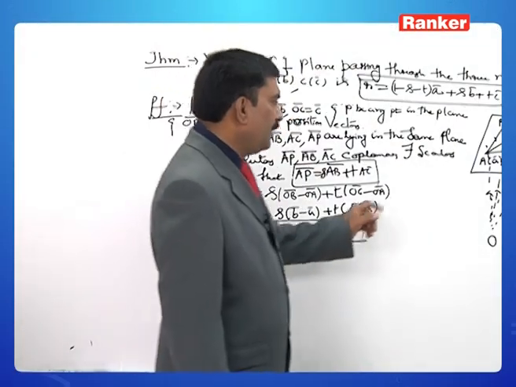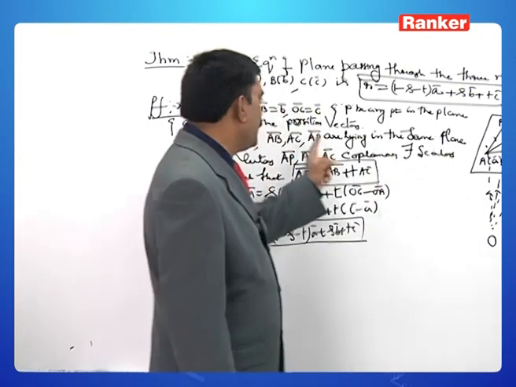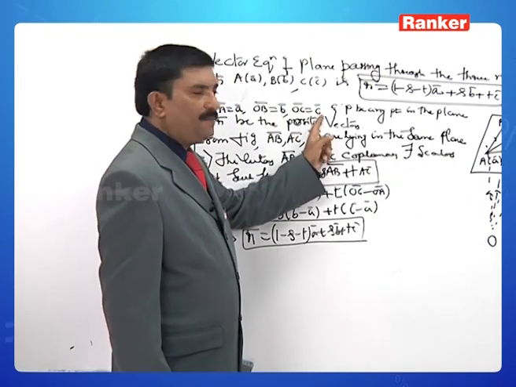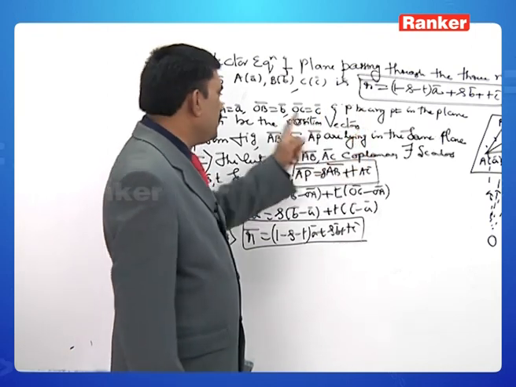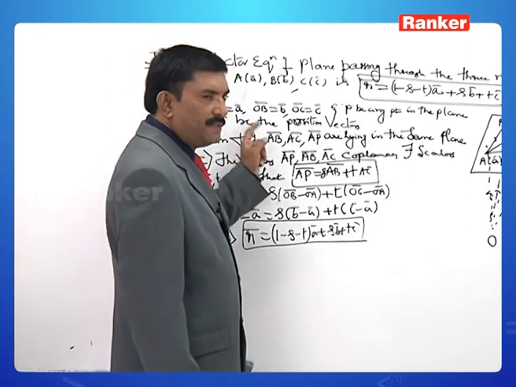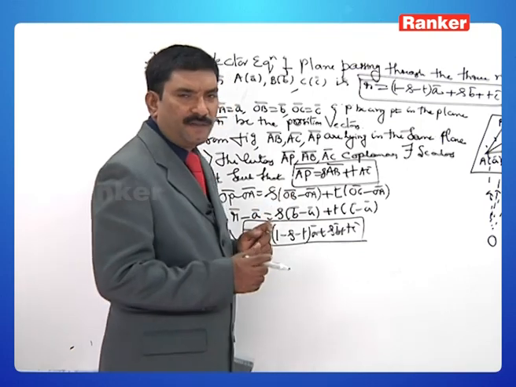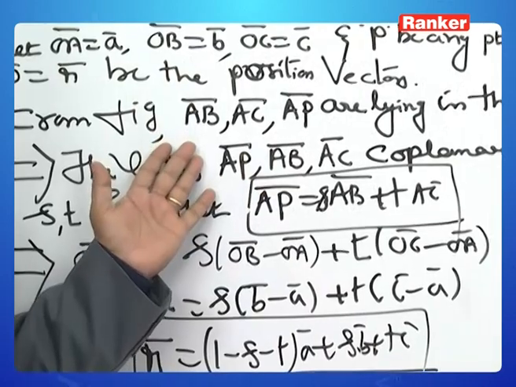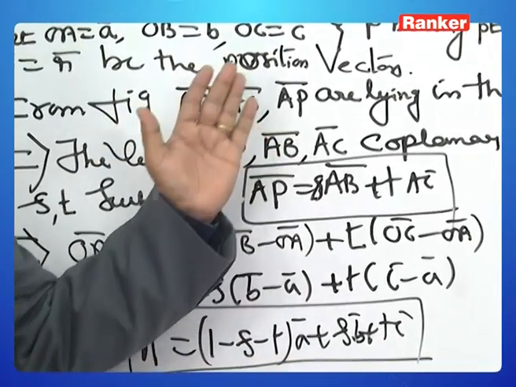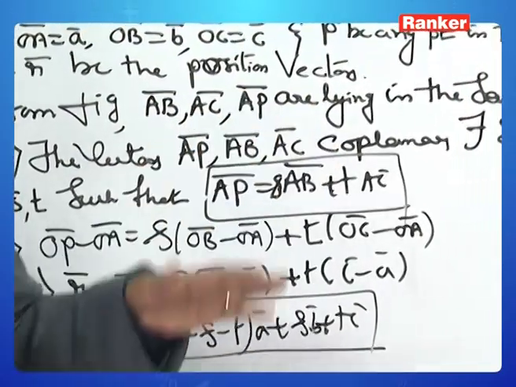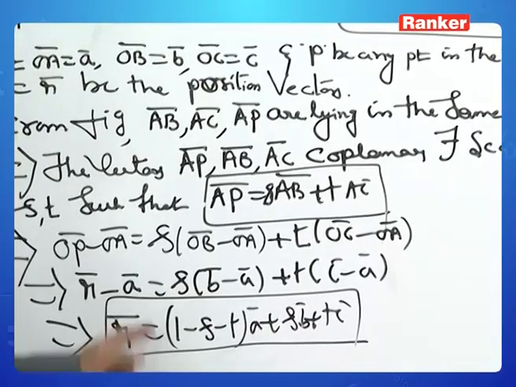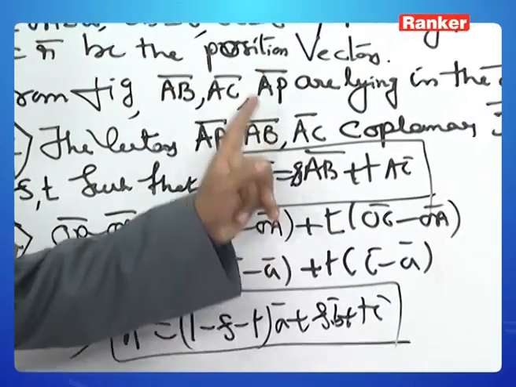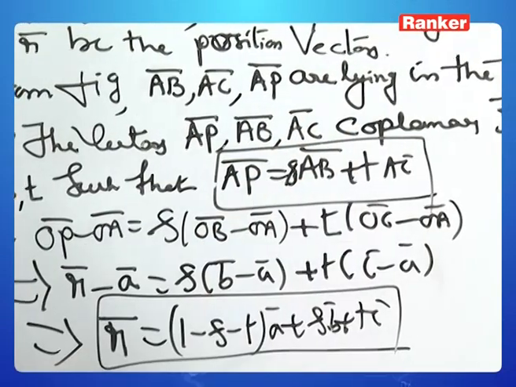Once again, let OA bar is equal to A bar, OB bar is equal to B bar, OC bar is equal to C bar, and P be any point in the plane, and OP bar is equal to R bar with the position vectors. From the figure, the vectors AB bar, AC bar, AP bar are lying in the same plane, which implies the vectors are coplanar.